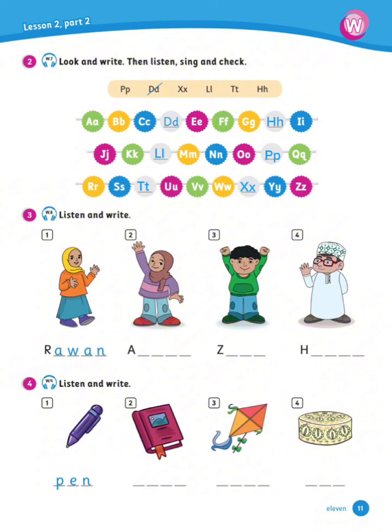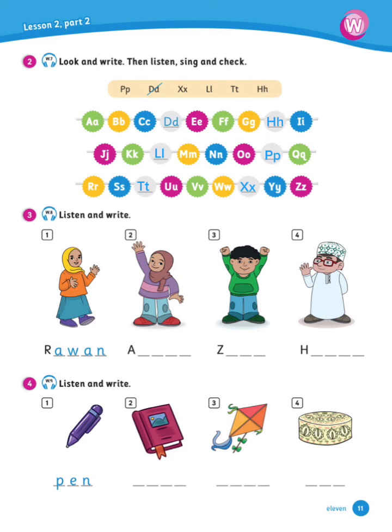Number 1. Hello, what's your name? My name is Rawan. How do you spell Rawan? R-A-W-A-N. R-A-W-A-N? That's right. Number 2. Hello, what's your name? My name is Asil. How do you spell Asil? A-S-E-E-L. A-S-E-E-L. That's right.